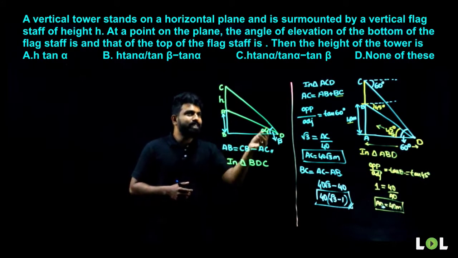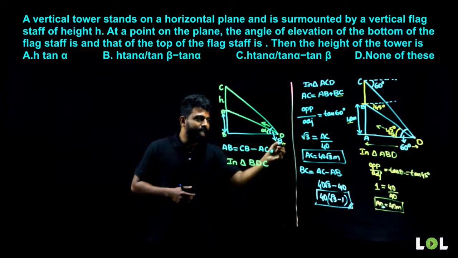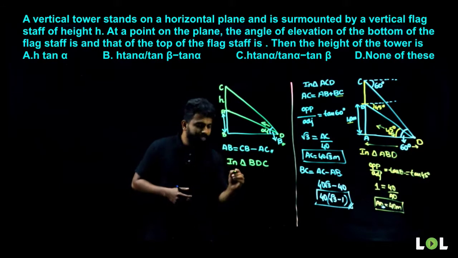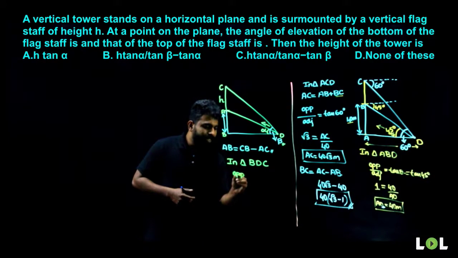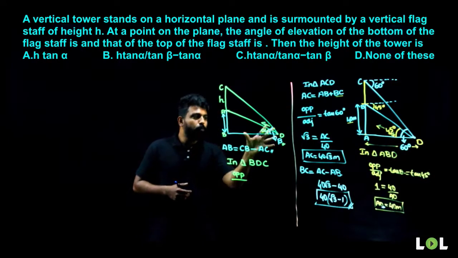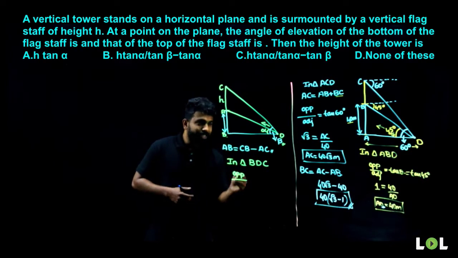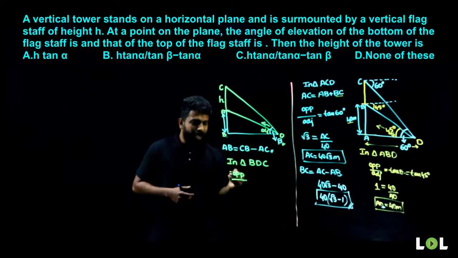What is CB with respect to angle beta here? Since I'm taking the entire triangle, I should take the angle beta. CB is my opposite side, divided by the side common to both triangles, BD, which is the adjacent with respect to angle beta.